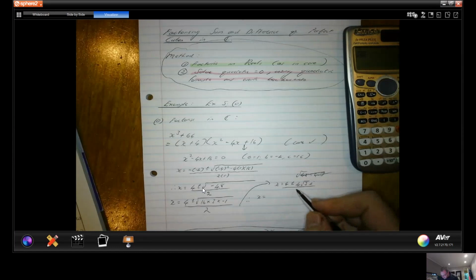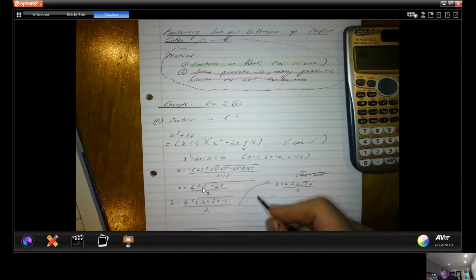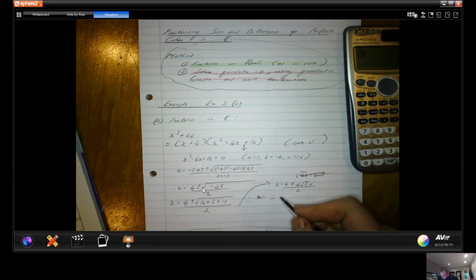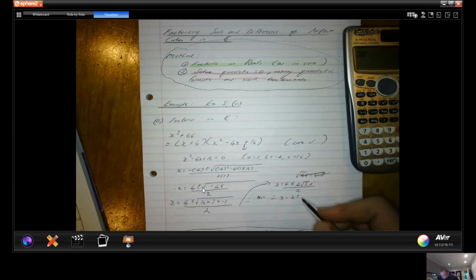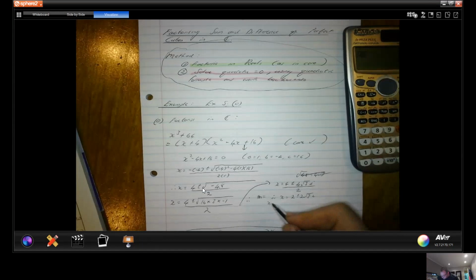So 4 plus minus 4 root 3i all over 2. If you divide everything by 2, you get x is equal to 2 plus minus 2 root 3i. So your solutions are x is equal to 2 plus 2 root 3i, or x is equal to 2 minus 2 root 3i.